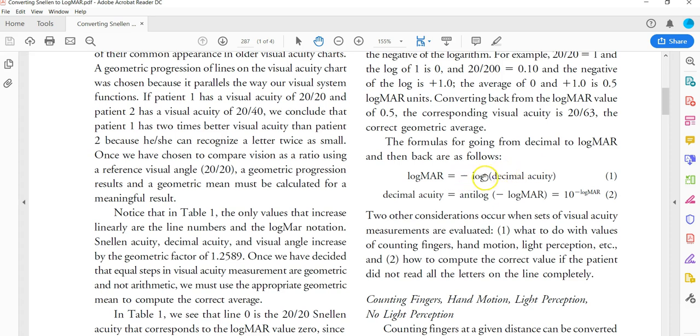You take the minus log of that, 20 divided by 40, and that gives you the logMAR. Same way, if you have the logMAR, then you take the negative value of that logMAR and you exponentiate to 10. So it's the anti-log, 10 to the minus logMAR.